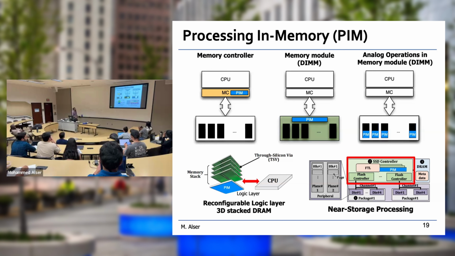The last form of these is where you enable computation in the last piece of the architecture, which is the storage. You have an SSD device, right? The hard drive, and you enable the computation over there. This is a simplified overview of the storage itself. This is an SSD system.